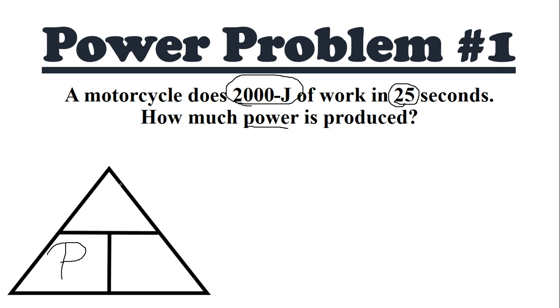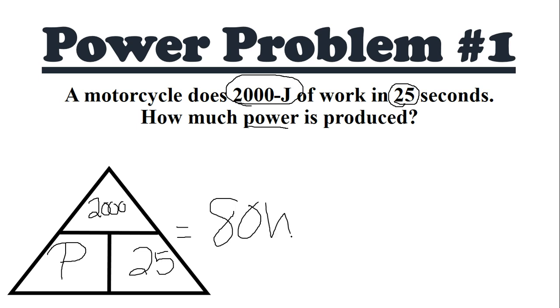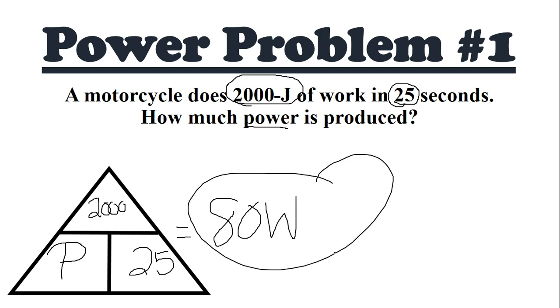At the top goes our work, which is 2,000. Below it will be our time, which is 25 seconds. Now, numbers on top of each other we divide, and numbers next to each other we multiply. Since they're on top of each other, we're going to divide, and we're going to get 80 watts of power.